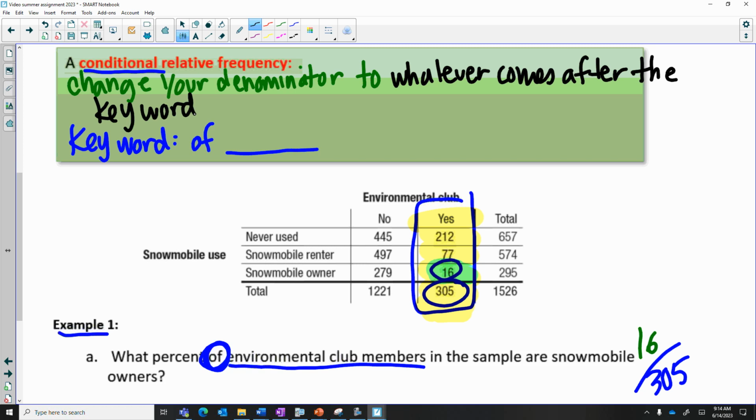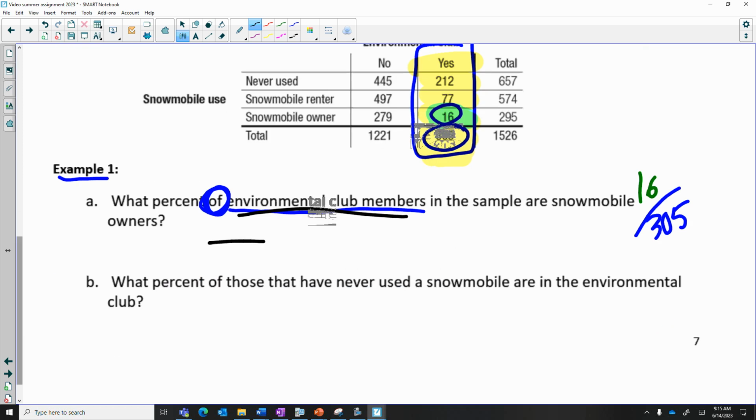So it's not out of the total anymore. So of the environmental club members means you're restricted to only the environmental club members, and out of those, how many of them are snowmobile owners?